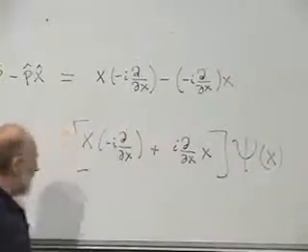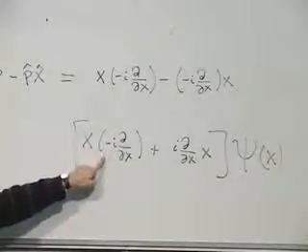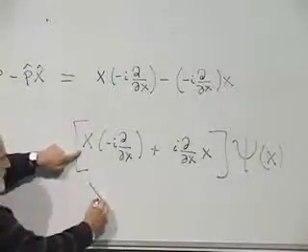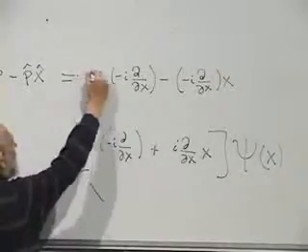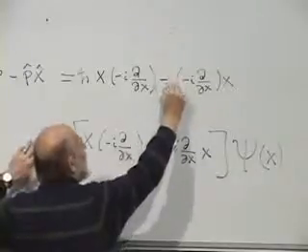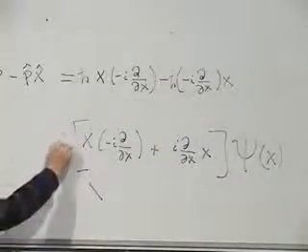Now it makes sense. The first term here is just x. Oh, what did I leave out? H bar. H bar multiplies the whole thing.